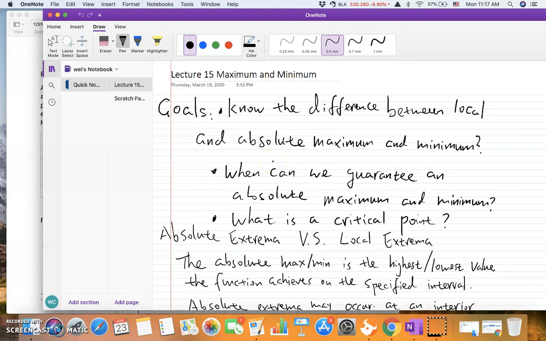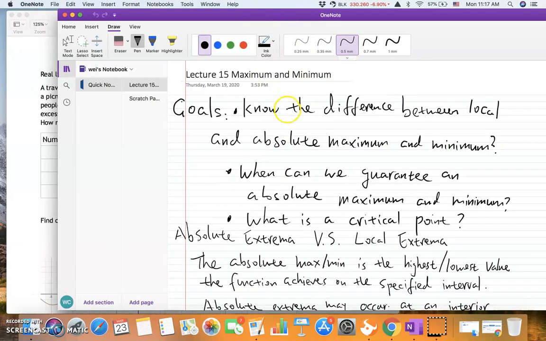Okay, so in this section, our goals are the following. Know the difference between local and absolute maximum and minimum. When can we guarantee an absolute maximum and a minimum exist? And what is a critical point?